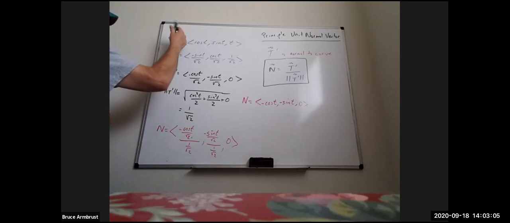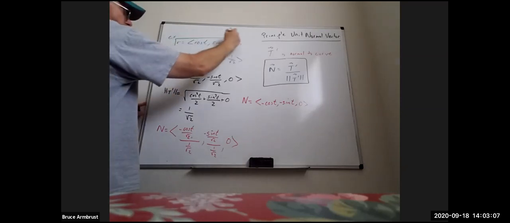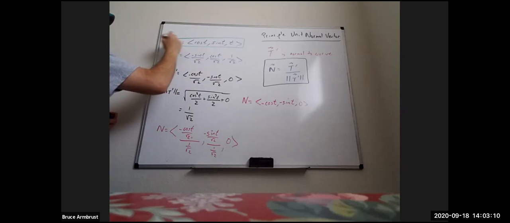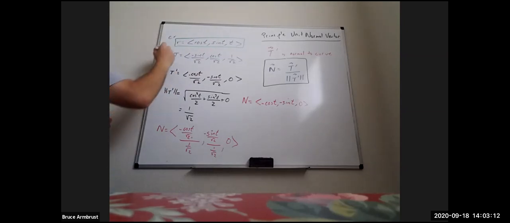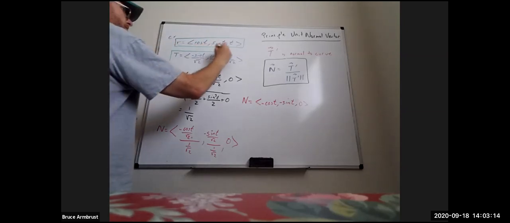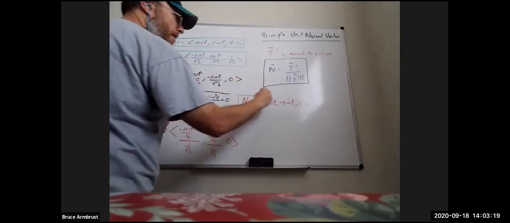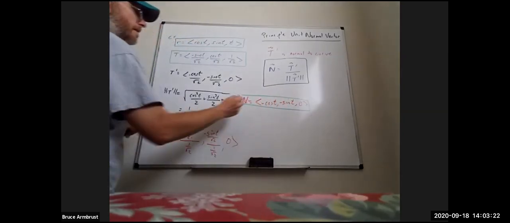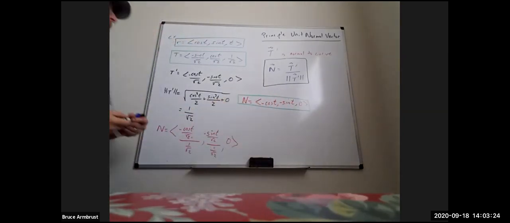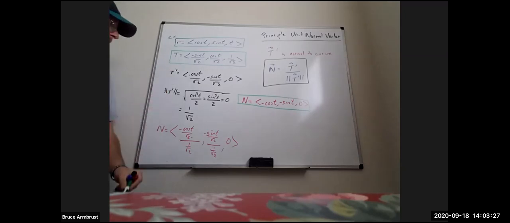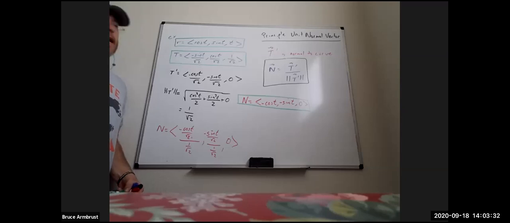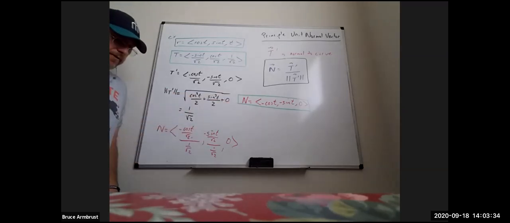So for the vector valued function that we started with, that was cosine, sine, and t, the two most important vectors that are associated with it are big T and big N. Big T points in the direction of travel, and it's length 1, and then big N is normal to the curve, also length 1.